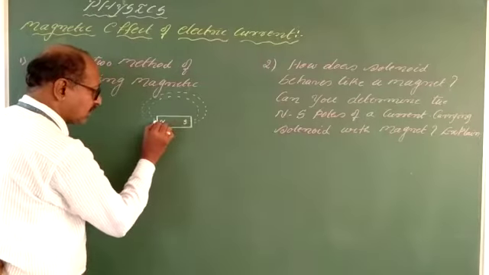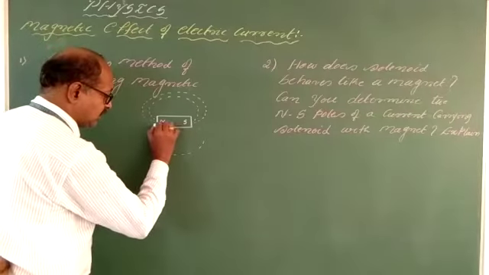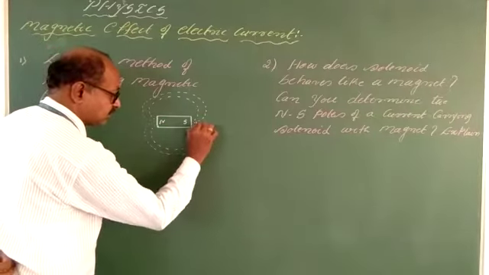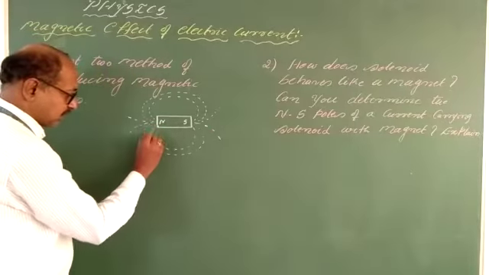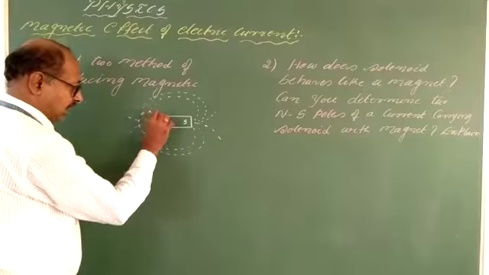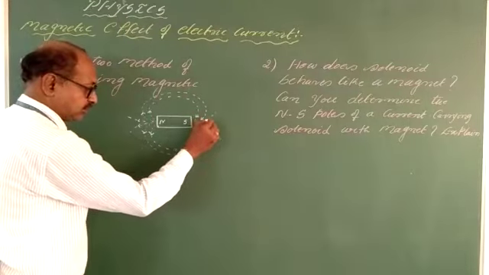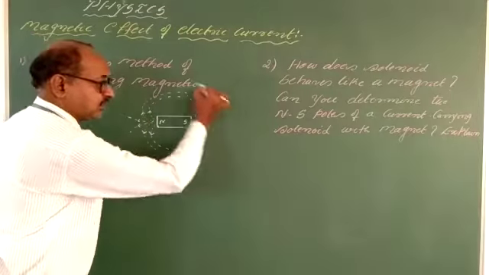I am showing the arrangement of the magnetic field lines. It looks like this, starting from the north and ending at the south. So this is the magnetic field.